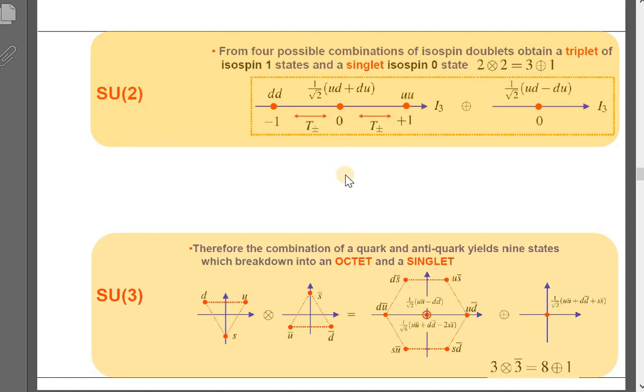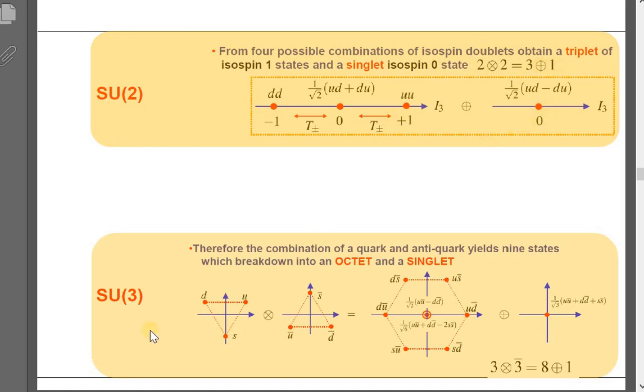The next difference: if you remember, from 4 possible combinations of isospin doublets, we obtained a triplet of isospin 1 states here, 1, 2, 3, and 1 isospin singlet 0 state here. So we write it as 2 direct product 2 equal to 3 direct sum 1.